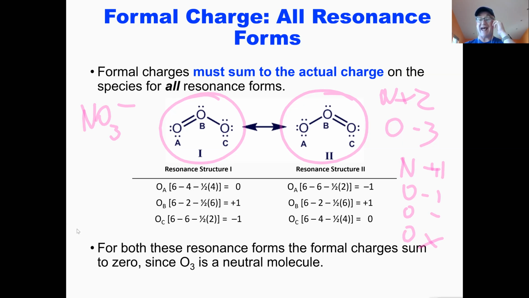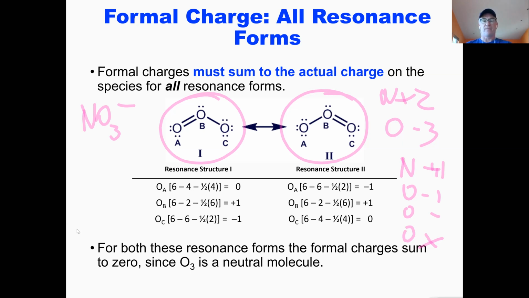What do the charges have to add up to? That's right, Ferris. You want to tell us? 0. Yeah, it's got to add up to 0. It's a molecule. By definition, the charge on a molecule is bupkis, because if it wasn't, it would be an ion. It would be a polyatomic ion.